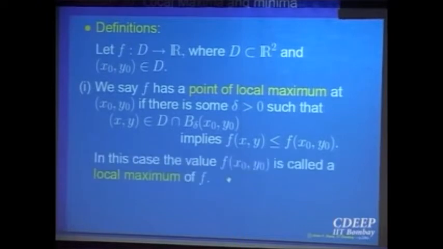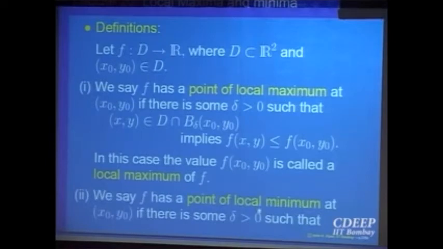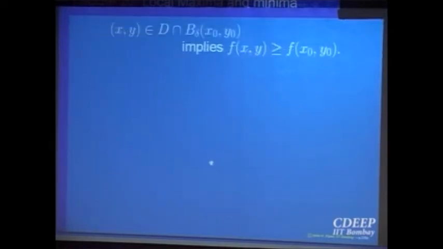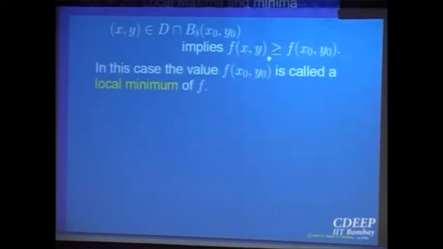And similarly, local minimum, and that value is called the local maximum of f at that point. Similarly, point of local minimum, if the value at that point is less than or equal to value at every other point in that neighborhood. Is it clear? So for a function of several variables, same definition, only the notion of neighborhood has to be properly interpreted and defined. So that is an open ball around that point.